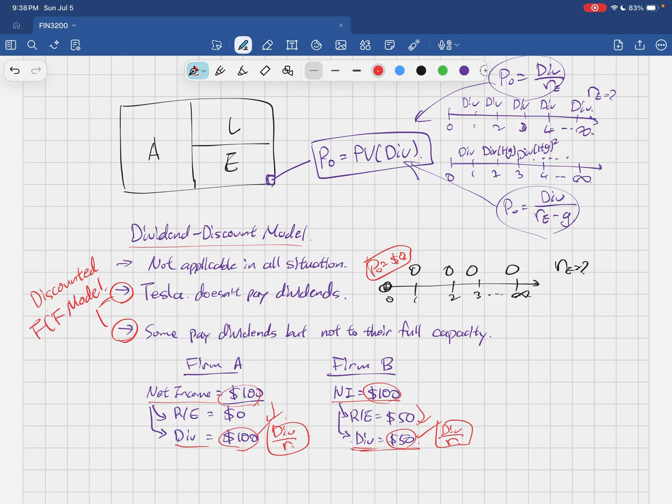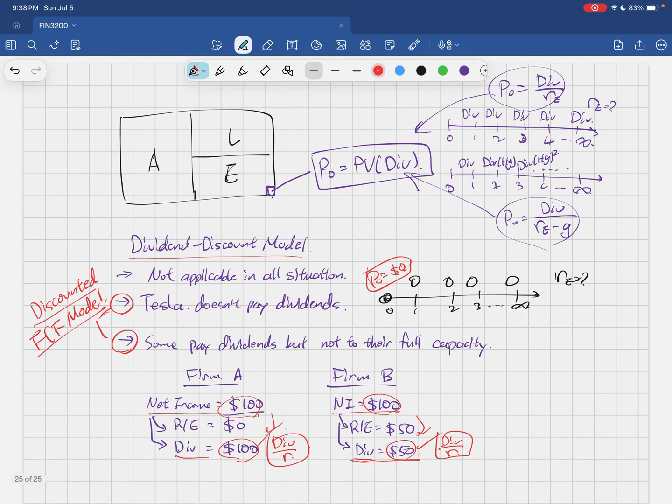What it does conceptually is, we're going to talk about something called the free cash flow, and taking the present value of these free cash flows will give you something called the enterprise value.